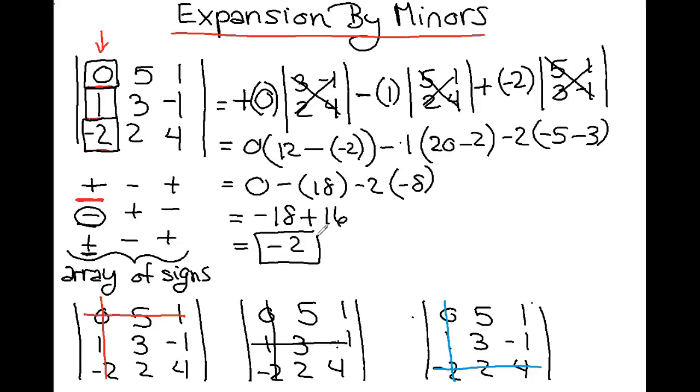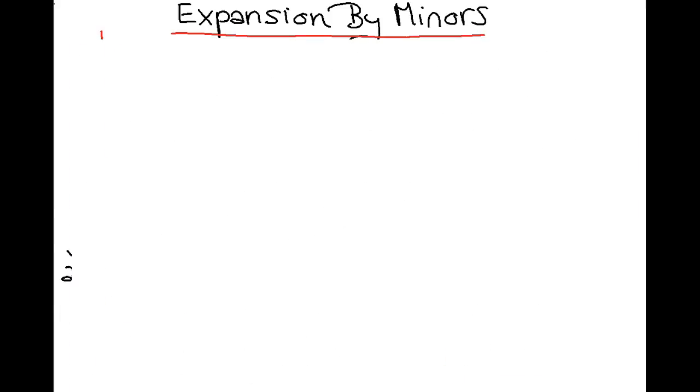Okay, so now I'm going to go ahead and rewrite this entire screen again with the same matrix, and we are going to calculate using a different column or row, and maybe this time we'll use the middle row, row 2. So let me go ahead and erase this so that we can do our calculation again.